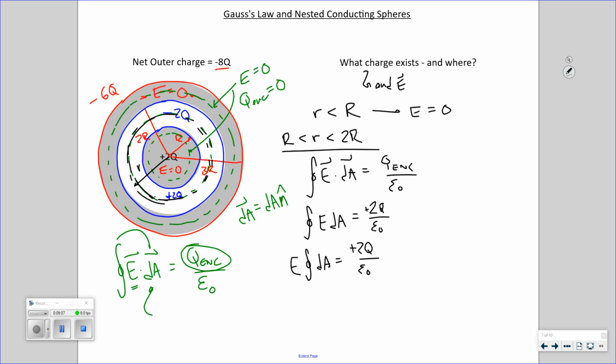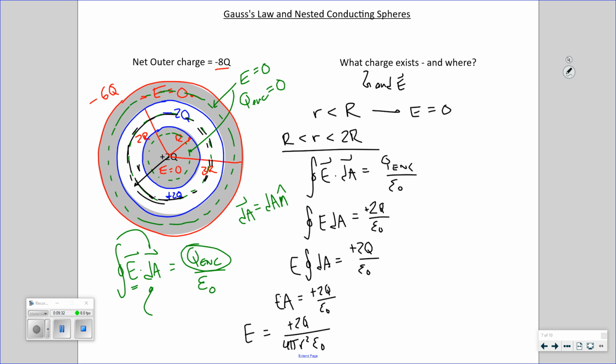The surface integral of dA is the sum of all the little dA vectors, which is the area of that sphere. So this is EA of our Gaussian sphere, or E is 2Q over 4 pi r squared epsilon naught.